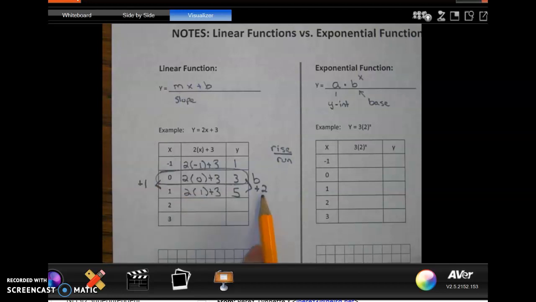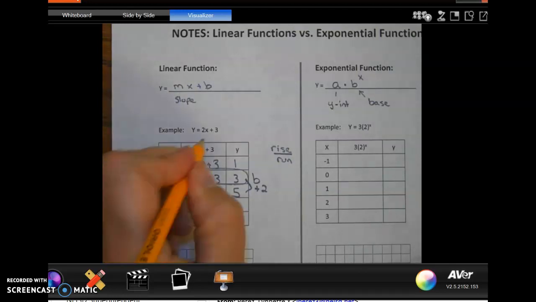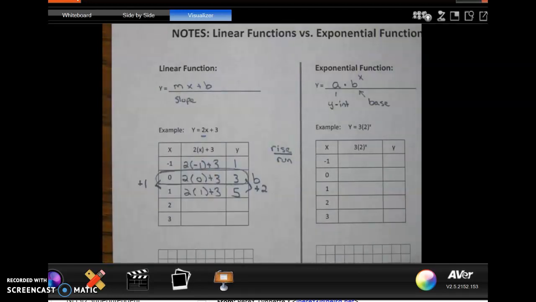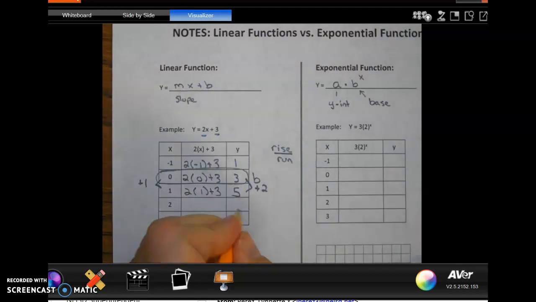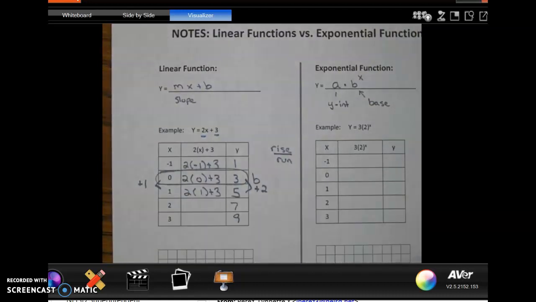So our slope is going to be 2, as we can see in the equation right here. And we can see our y-intercept right here. Following the pattern, it's really easy to fill in our table, as long as these are consecutive.